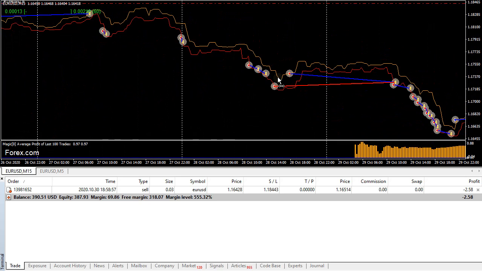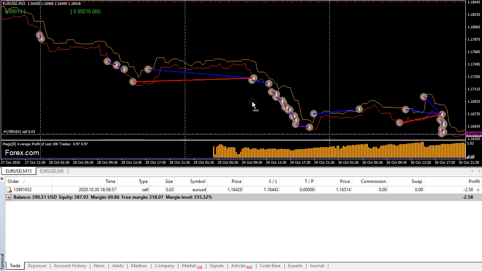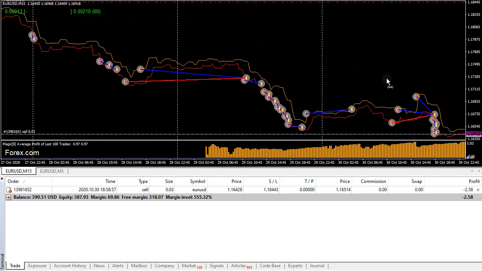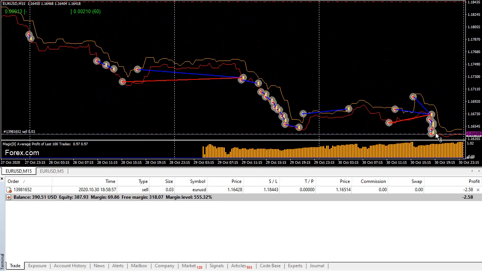Okay, keep going. Now we're getting to the end. Yep, this is the end here. And it placed a trade on Friday, I think, and now it's Sunday. So that's kind of how it all works, right? We've got the Donchian channel. The sell signals occur on the bottom of the channel.